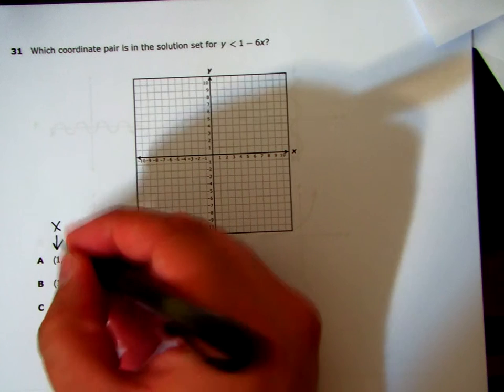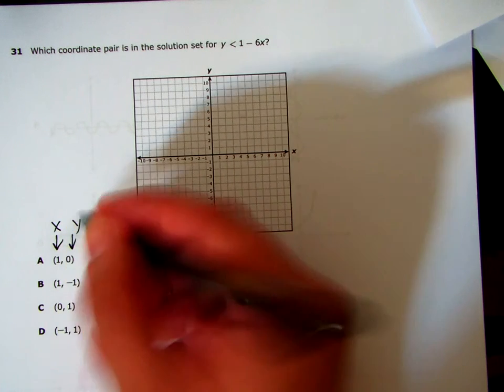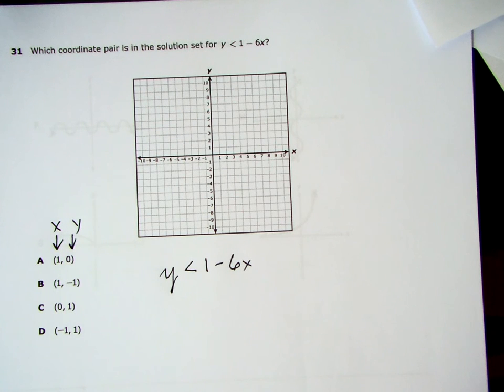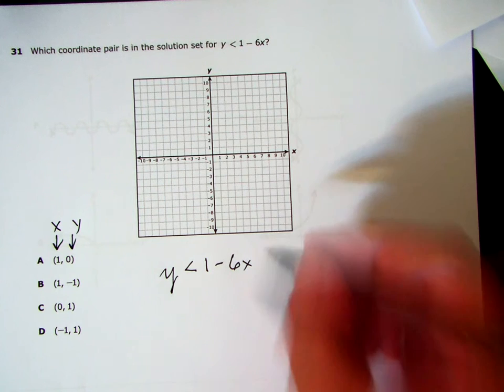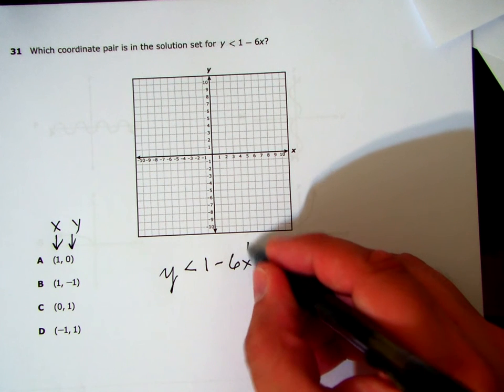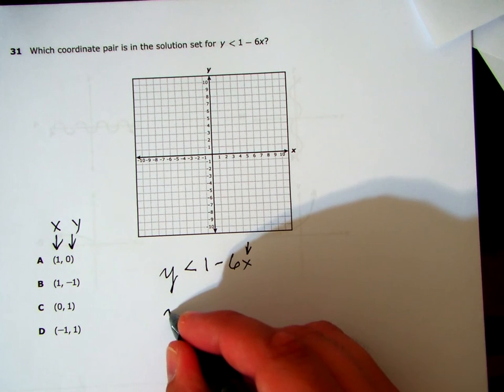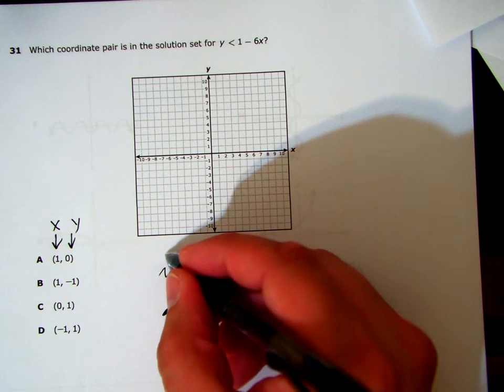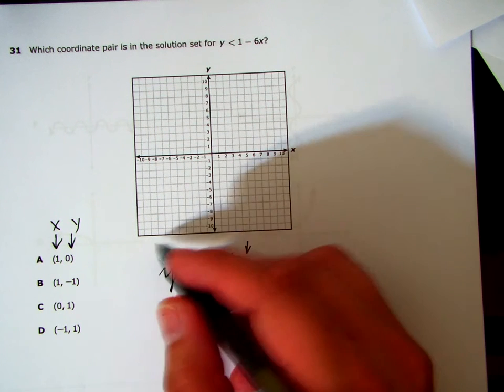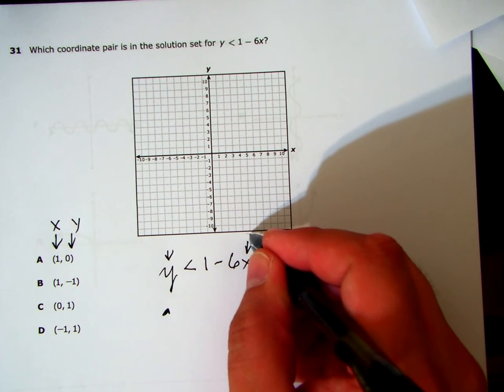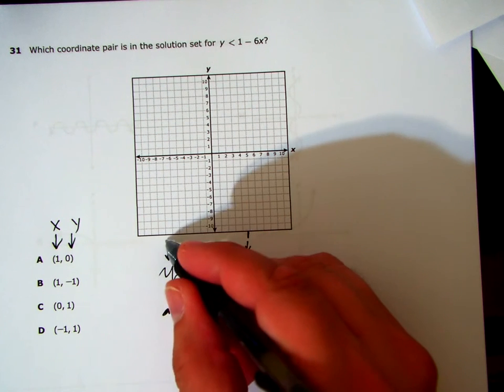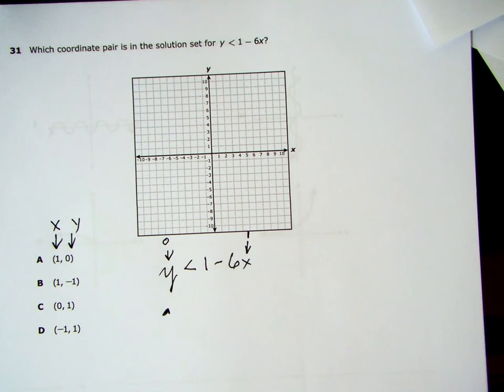And these are your y's. So let's plug in our x's and our y's. So here I'm going to plug in 1 for x. Here I'm going to plug in 0. So let's see what happens.